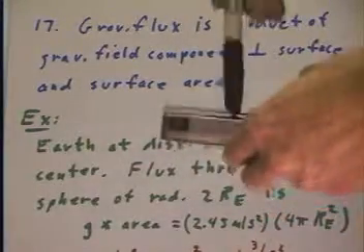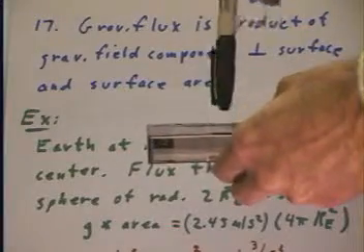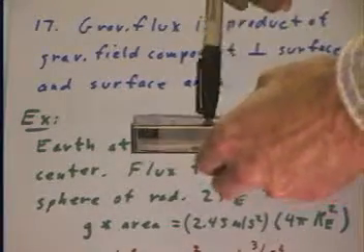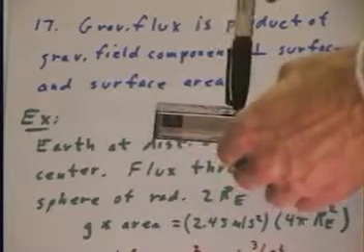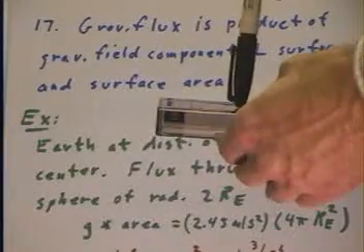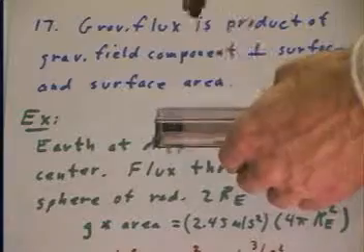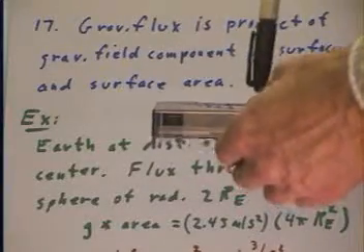Gravitational field is 9.8 meters per second squared, straight down. This is the downward direction. You can see when I drop things, okay? So we have a 9.8 meter per second squared acceleration downward, so a 9.8 meter per second squared gravitational field.